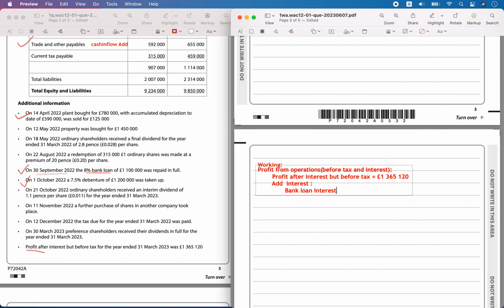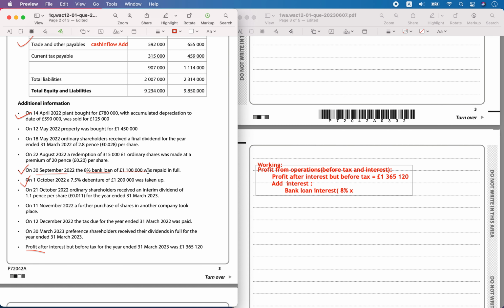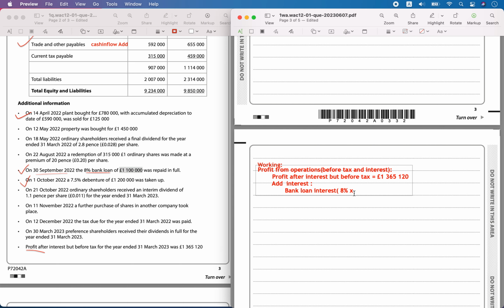Bank loan interest of 8% times, this was 1.1 million. You just copy that, but for how many months? It would have started from March, April, May, June, July, August, September.